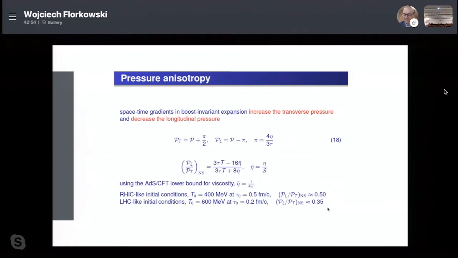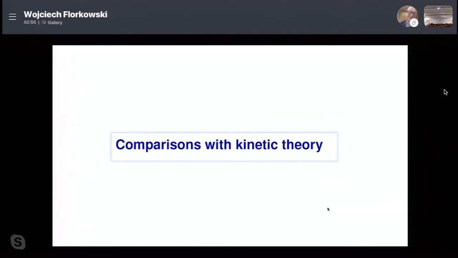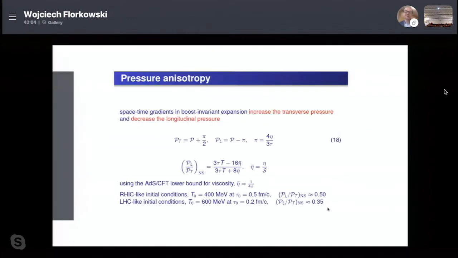In the next part of the talk, I would like to present two comparisons with the kinetic theory and with the AdS/CFT results, to argue what we can learn about this behavior of hydro, and how hydro can really well describe such anisotropies.